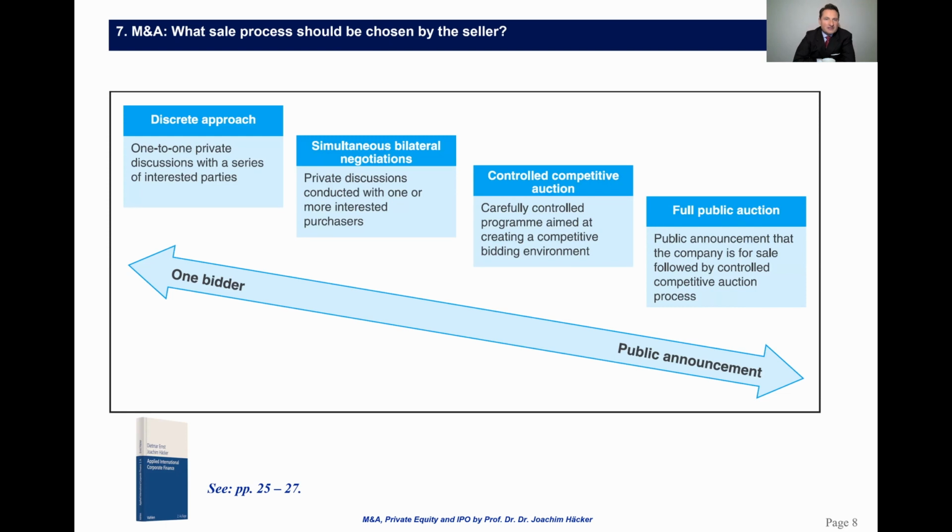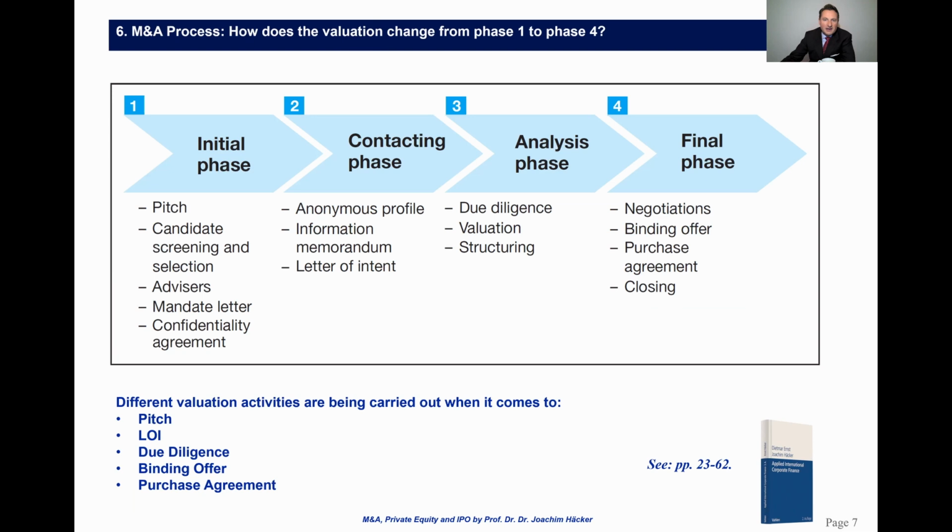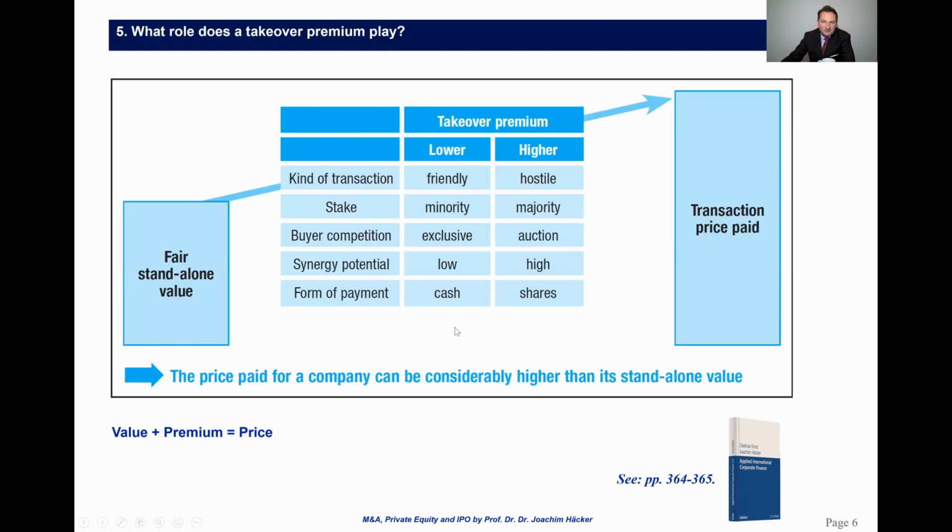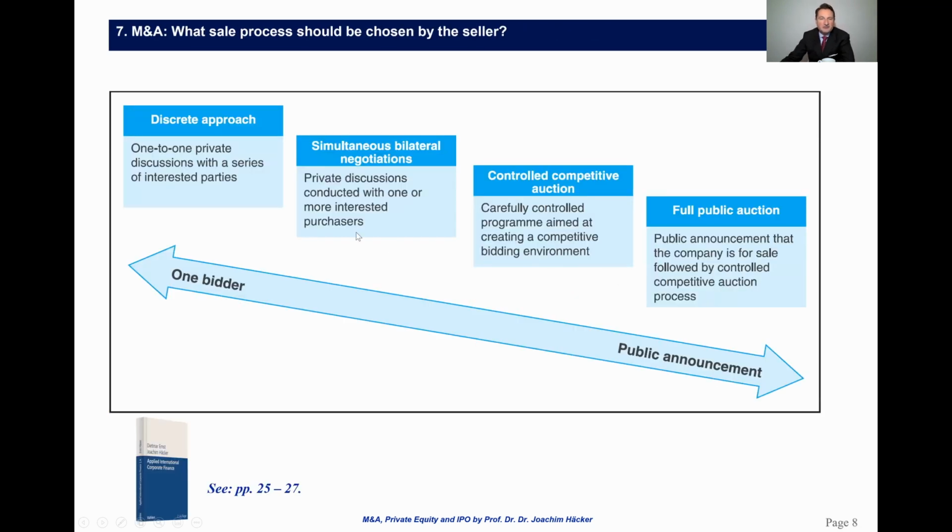In the M&A process, what sale process should be chosen by the seller? Well, we spoke about that here. What is my buyer competition? Is it rather exclusive, or is it an auction? And here you see, in a very exclusive way, it will be just a discreet approach, a one-on-one talk.